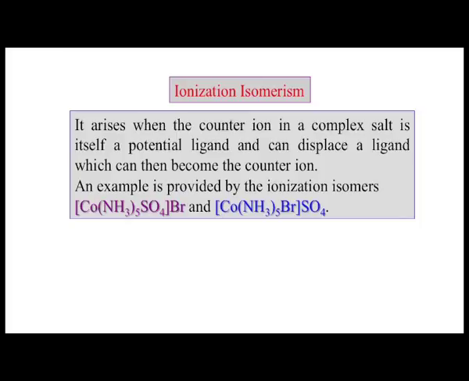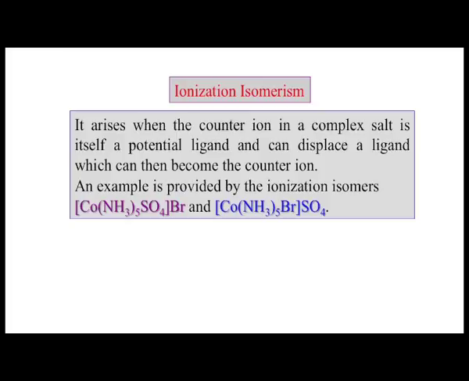Initially these two can be characterized very nicely because the electrolyte nature is different. This one is a 1:1 type of electrolyte and the other is a 1:2 type of electrolyte. So, the capital lambda m values are different, and they will immediately tell us that we have ionization isomerism, because the pattern of ionization is different, producing bromide in the solution in one case and sulphate in the solution in the other. That can also be identified analytically.